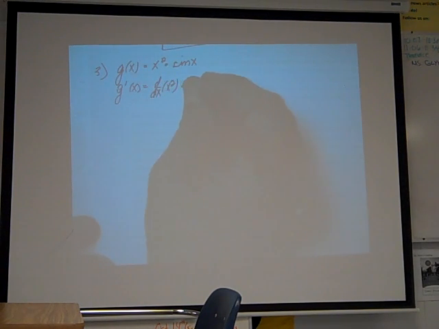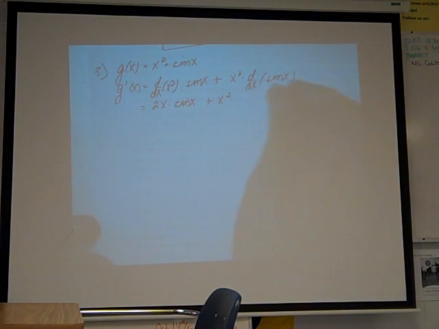Derivative of the first times the second plus the first times the derivative of the second. Alright, derivative of x squared is 2x times sine of x plus x squared times the derivative of sine of x is cosine. That's it. That's a perfectly acceptable answer.